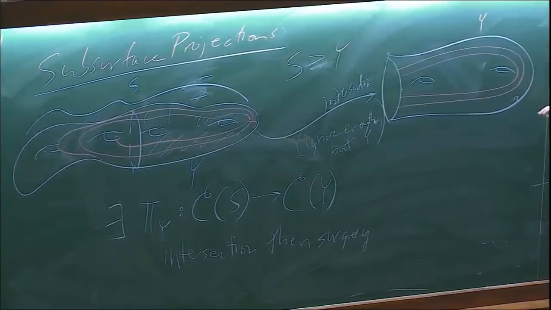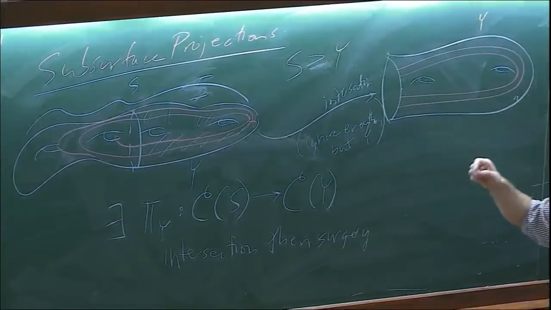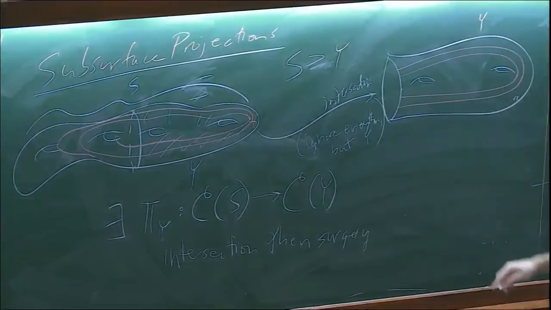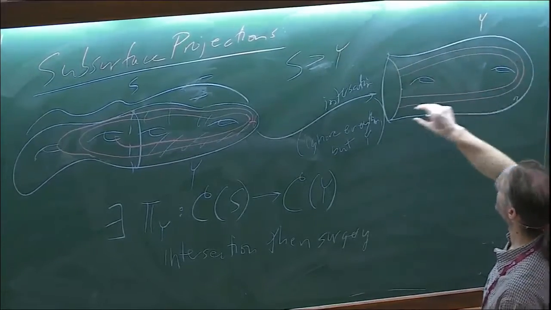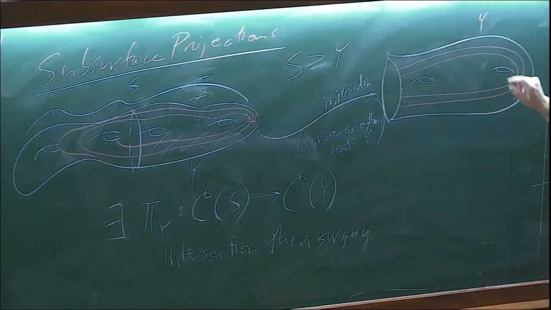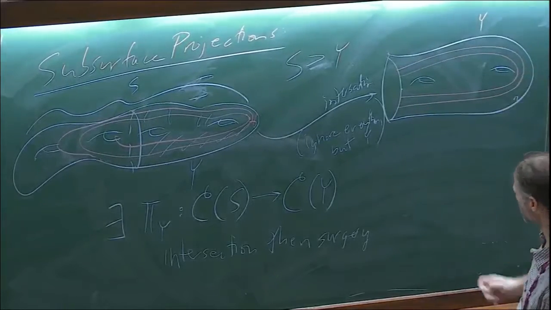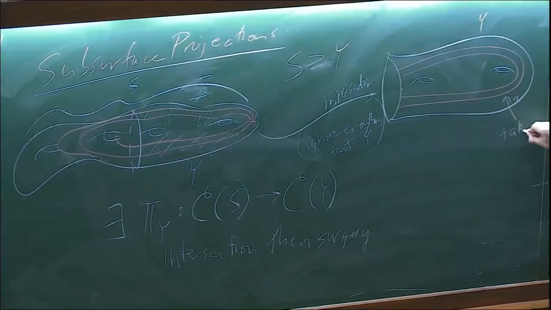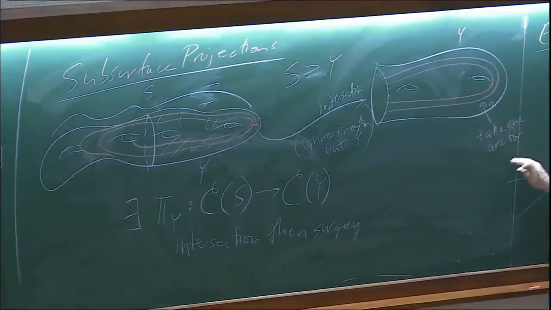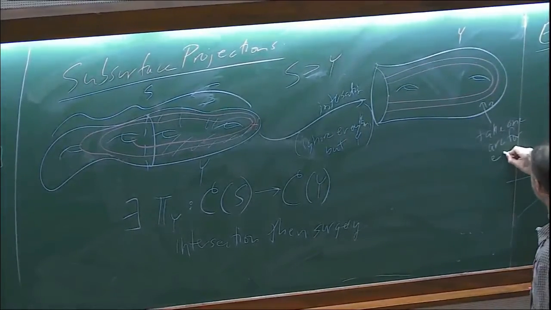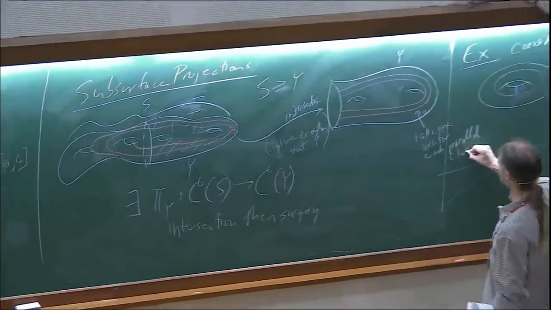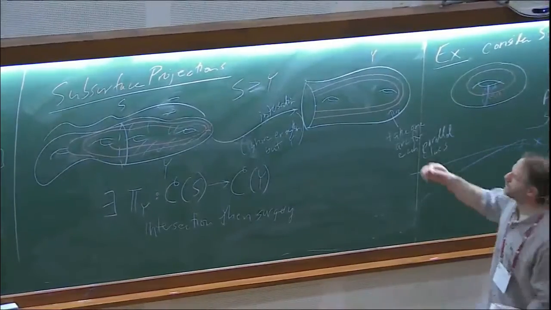Then I'm going to take parallel arcs, and pick one arc out of each parallel class. If they're parallel modulo the boundary, then I ignore one of them. And then this is an arc, not a curve.